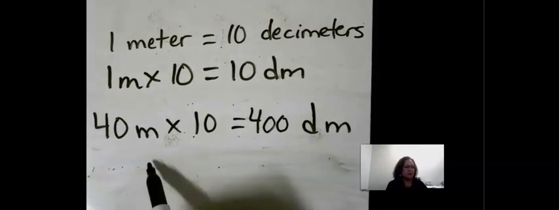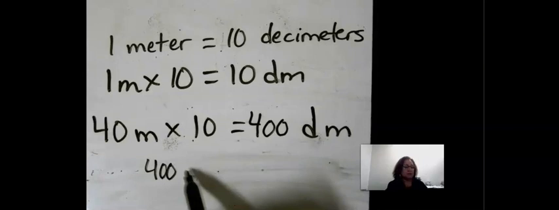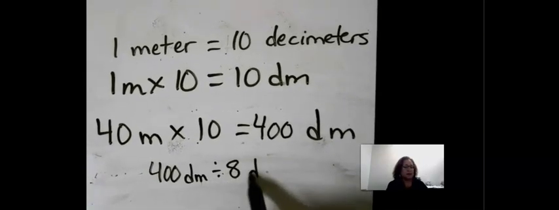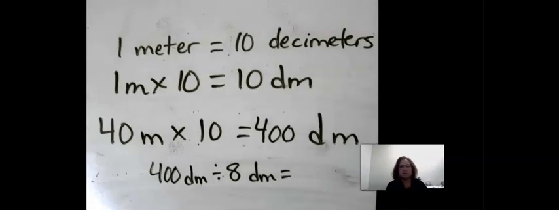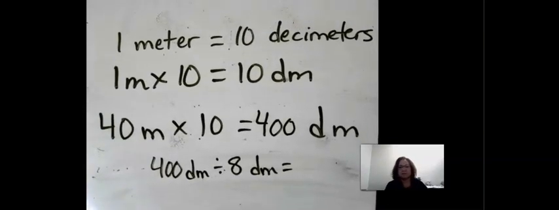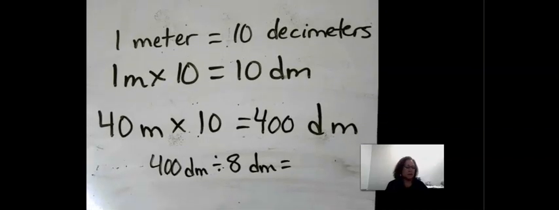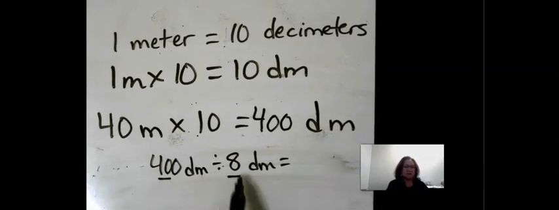We're dividing 400 decimeters by 8 decimeters to give us the number of sections of sidewalk. So what's 40 divided by 8?